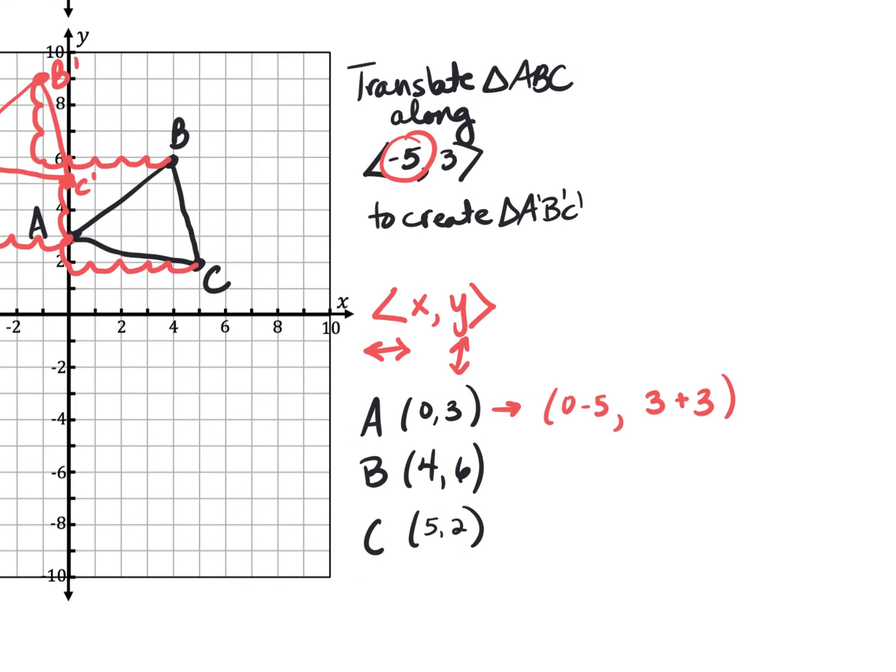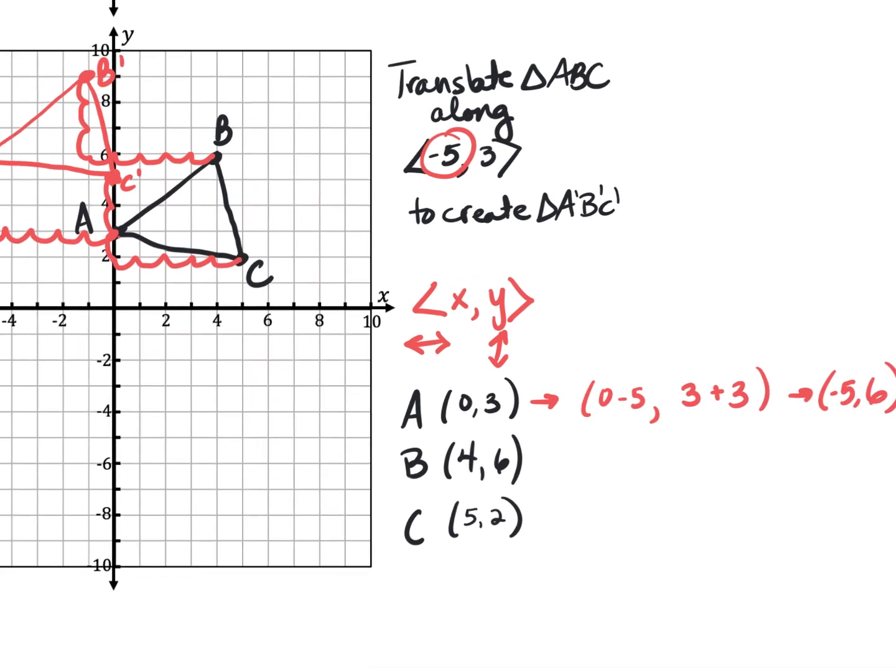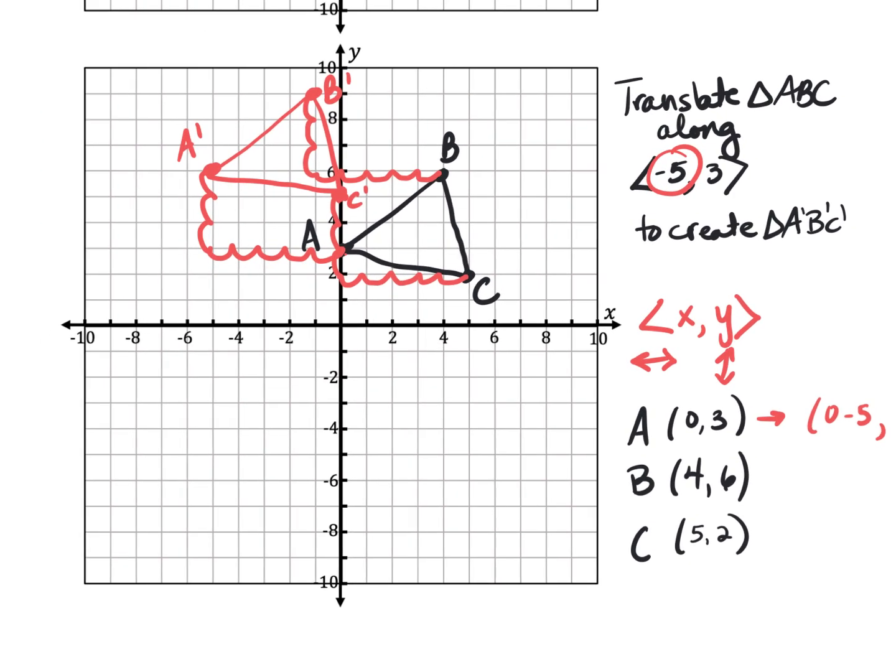That gives me a coordinate of -5, 6. And if I check A prime, sure enough, I'm at -5, +6.